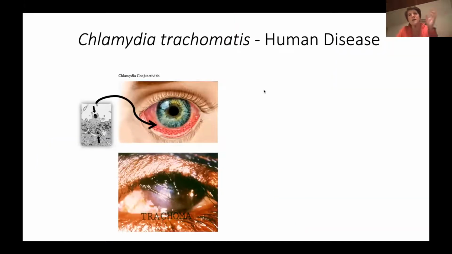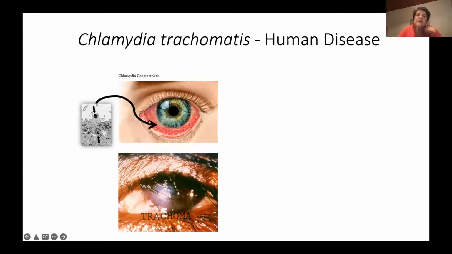So what human diseases does chlamydia cause? Well, we don't think about it much in the United States, but actually in low and middle income countries, Ethiopia, Tanzania, Gambia, one of the most common causes of infectious blindness is chlamydia. And it basically infects the lining of the eye, the conjunctiva, this membrane right here.